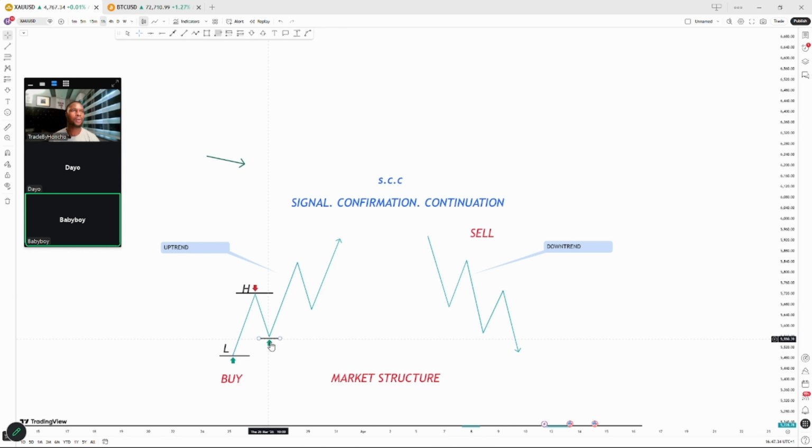So now this level right here is controlled by the sellers, and this level right here is controlled by the buyers. This level also is controlled by the buyers. Now we see that the buyers have more control than the sellers. The sellers are only controlling one level and the buyers are controlling one level, and they are holding the price now.